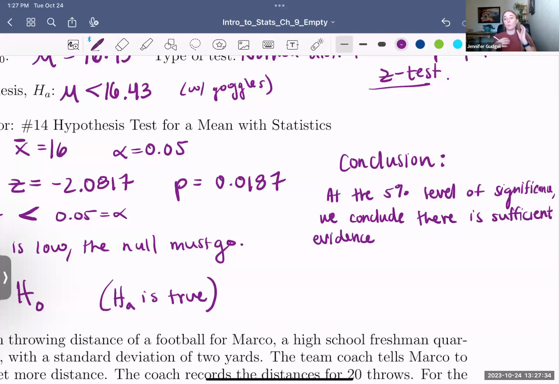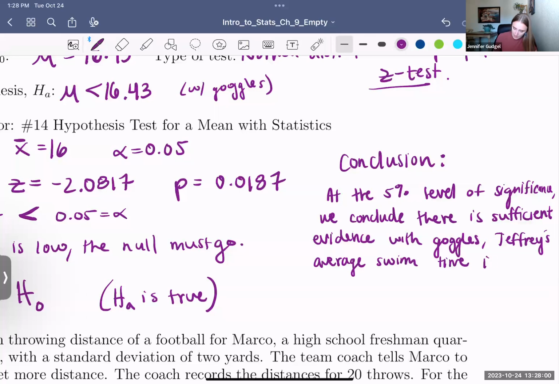That with goggles, Jeffrey's average swim time is less than 16.43 seconds. Again, the fill in the blanks here are the blank percent level of significance.